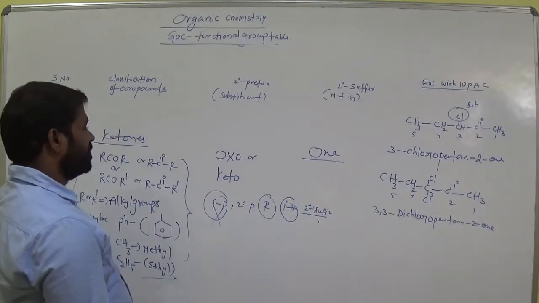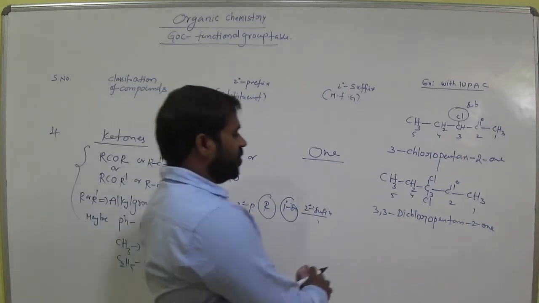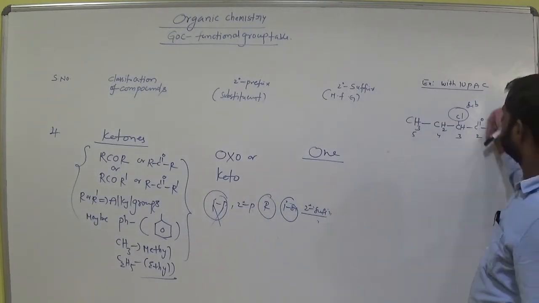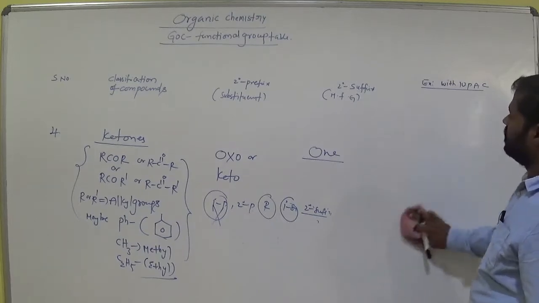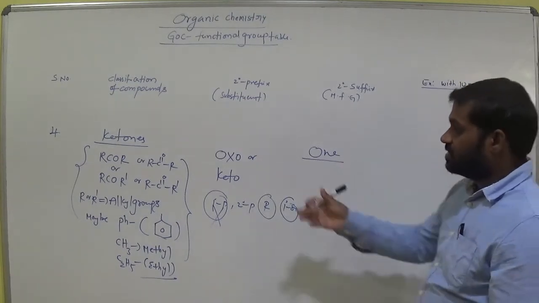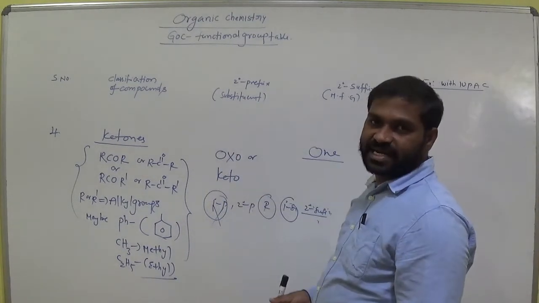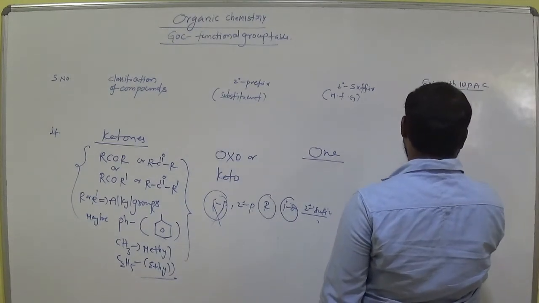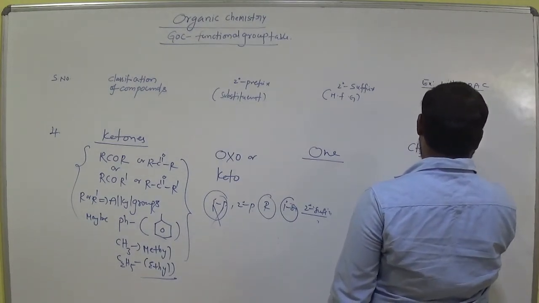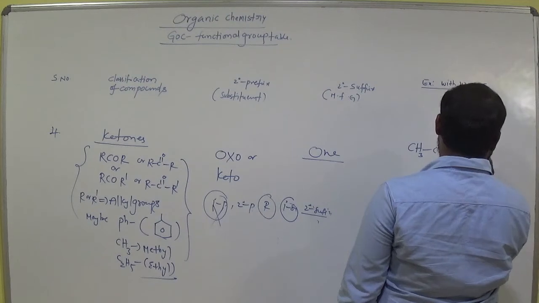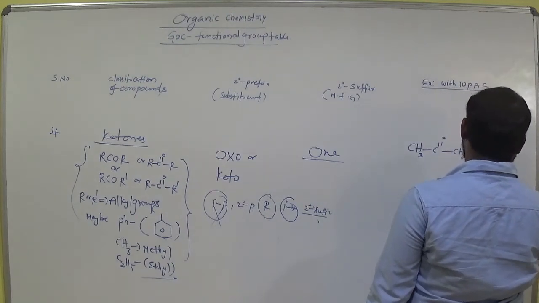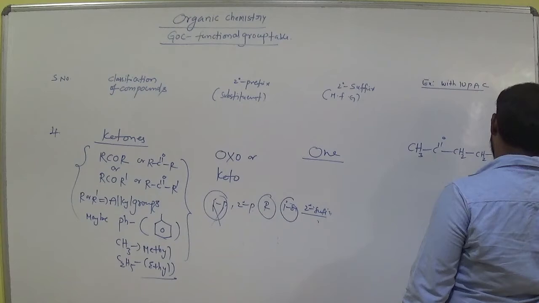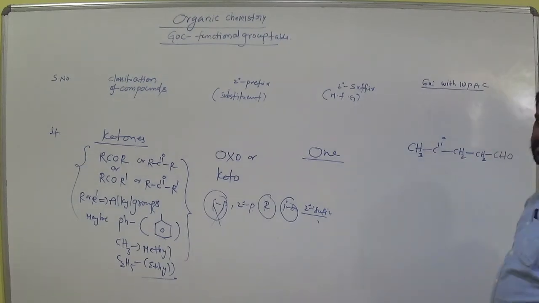Okay, clear? So next we go for the ketone as a substituent, secondary prefix. Let's see the example. CH3, C double bond O, CH2, CHO.